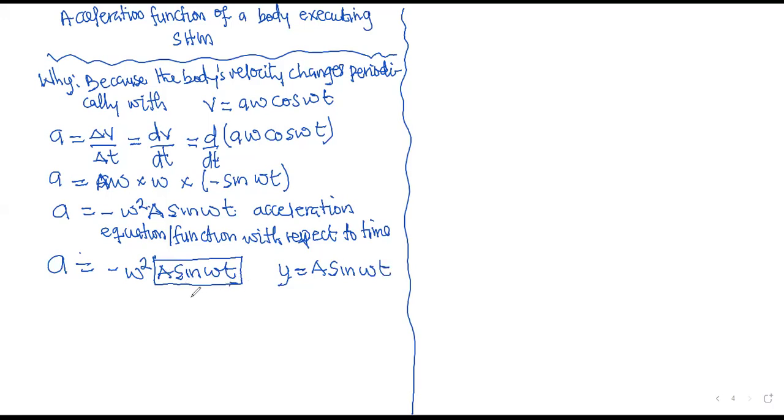So what I've clouded is y, which is displacement. So it means that a is equal to negative omega squared times y. This is the acceleration equation with respect to displacement. So at any given displacement, you can use this to calculate the acceleration of the body.